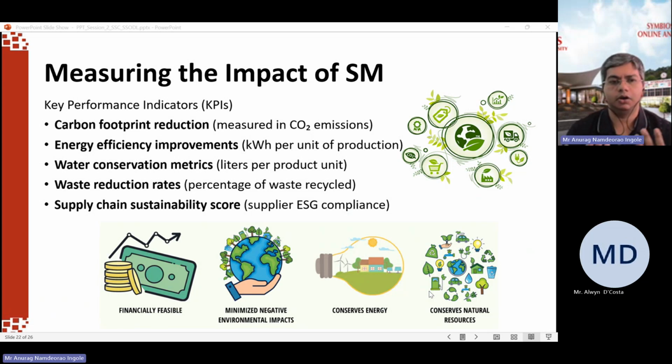I can measure the energy efficiency improvement for my facility per unit of production, right? For water conservation, what amount of water am I using in my facility? Can I conserve it? Can I use treated water maybe for activities which do not have human intervention?